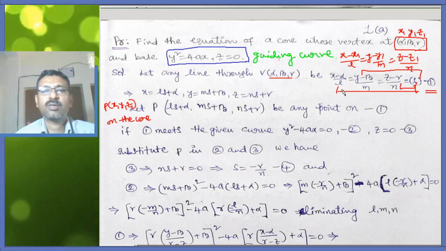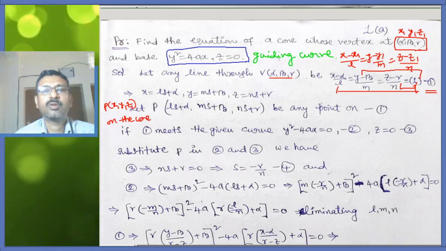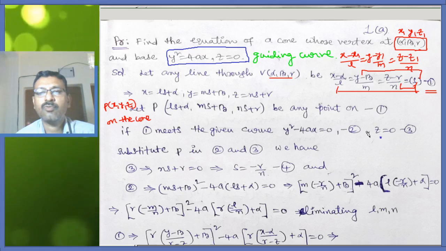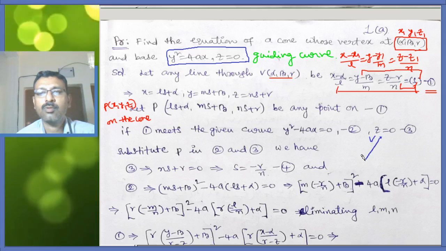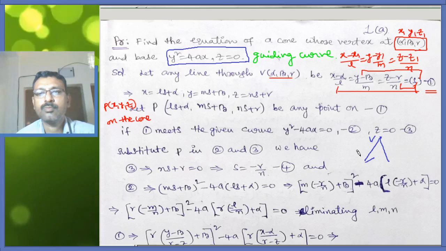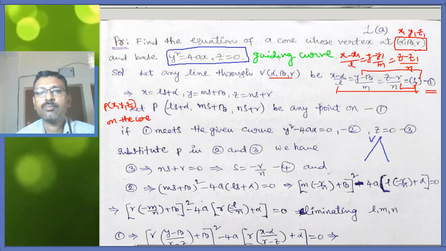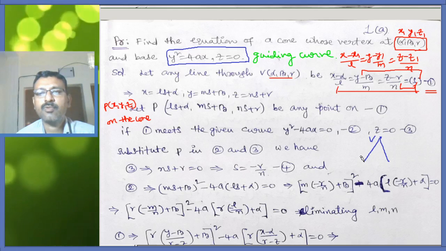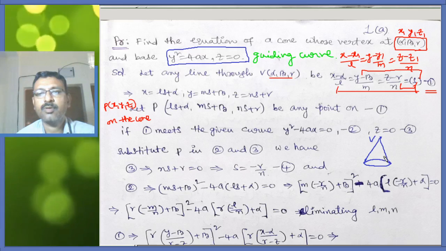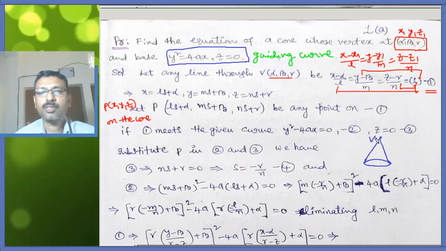If the generator 1 or the line 1 meets the curve, so if we try to draw a diagram, this is the vertex V. This is the base curve, the guiding curve, this is the vertex, and these are the generators.